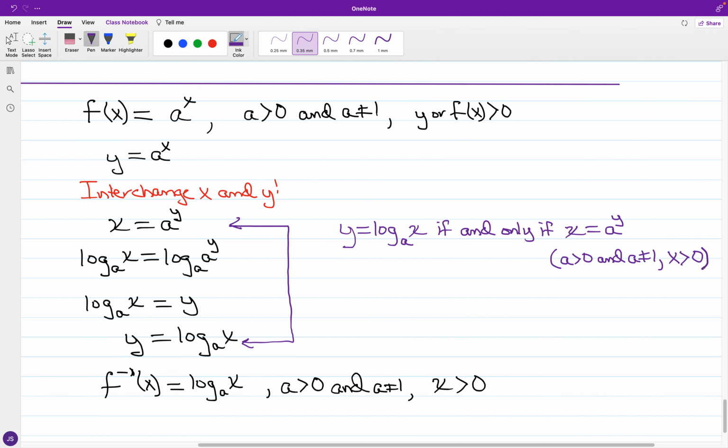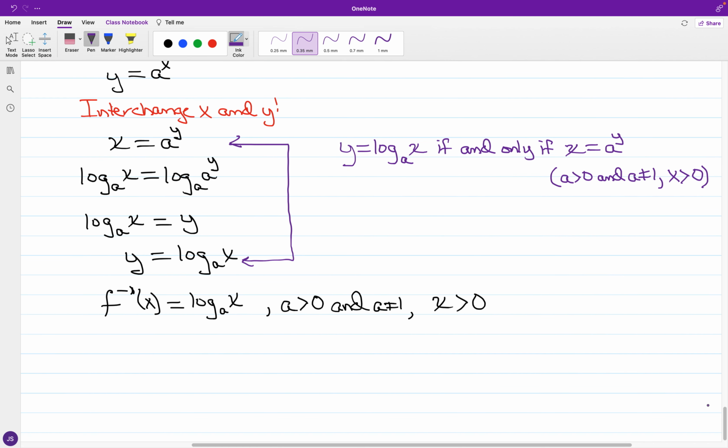Okay. And so these statements establish a link or direct relation between logarithmic statements and their exponential equivalents. And this is what I mean.